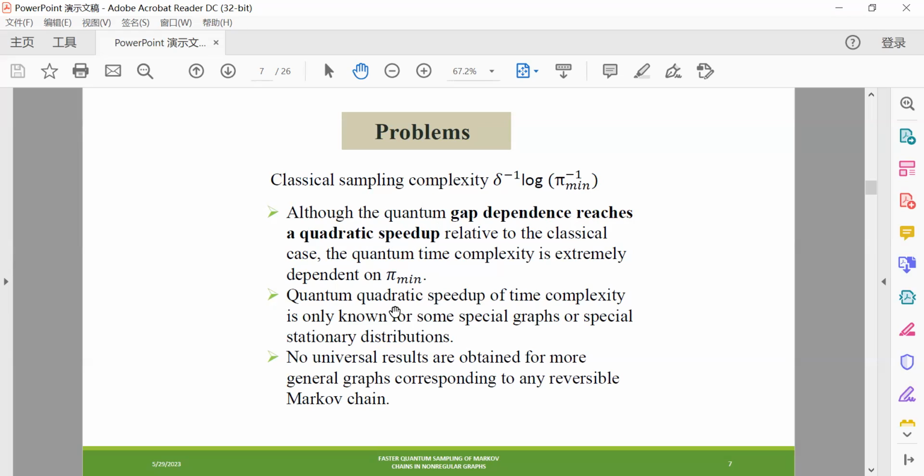Second, quantum quadratic speedup of time complexity is only known for some special graphs or special stationary distributions. Third, no universal results are obtained for more general graphs corresponding to any reversible Markov chain.